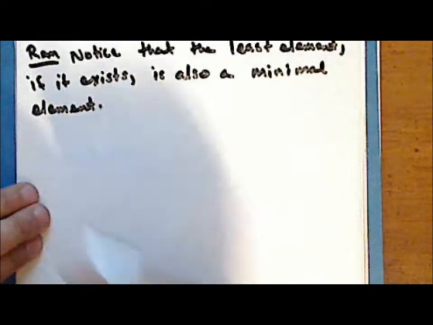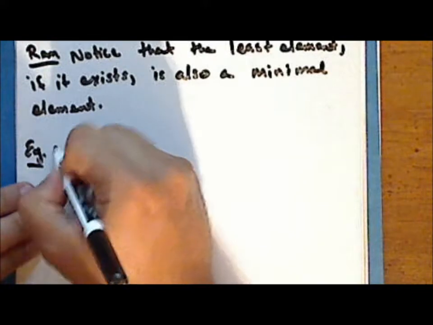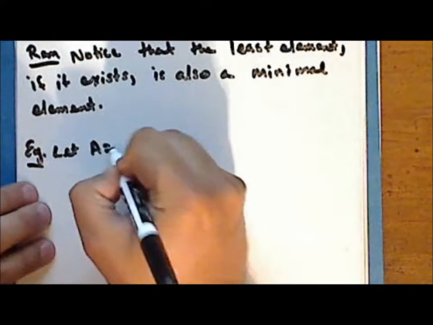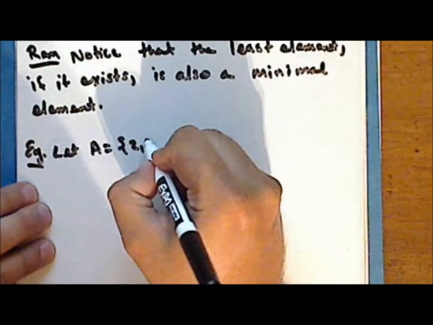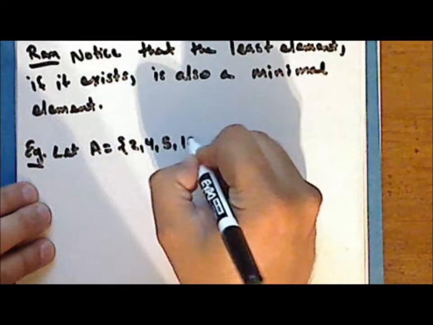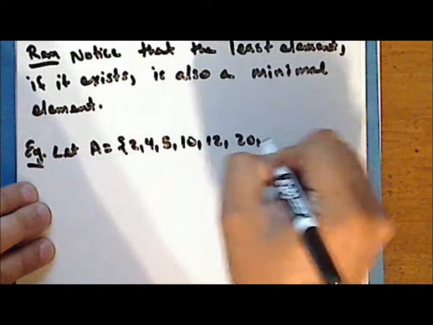So let's look at an example. Let the set A be the set containing the integers 2, 4, 5, 10, 12, 20, and 25.